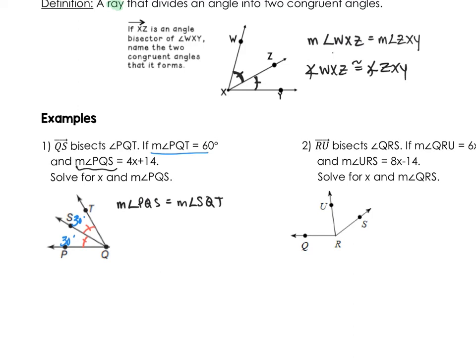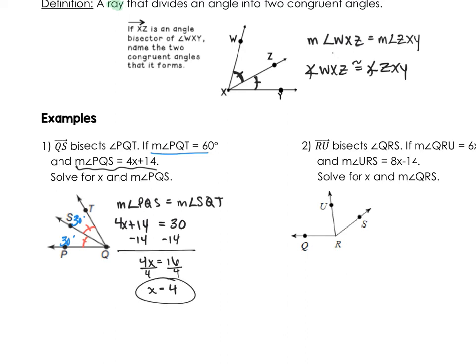I also know that PQS is 4x plus 14. So the measurement of angle PQS is 4x plus 14. I know the measurement of angle SQT is 30. So I can solve for x. I would subtract 14 on both sides. 4x is equal to 16. Divide by 4 on both sides, and x is equal to 4.